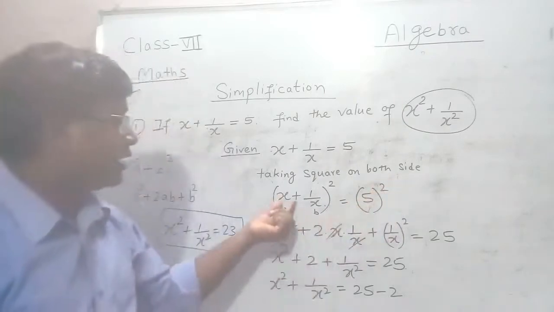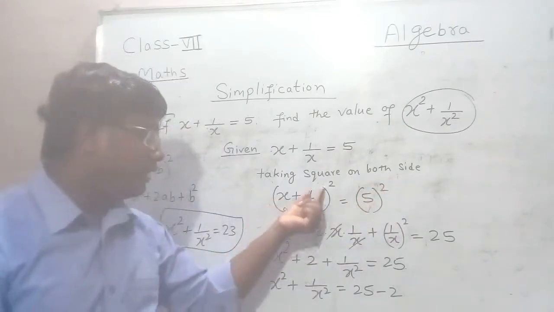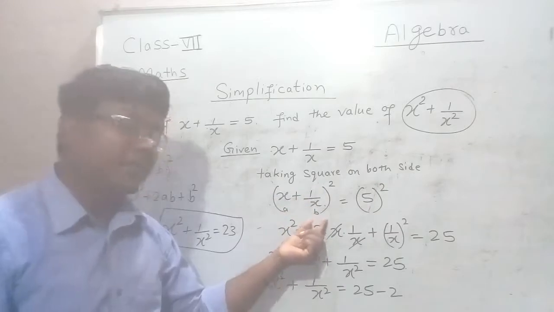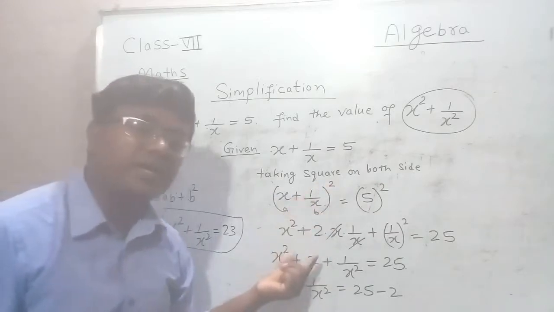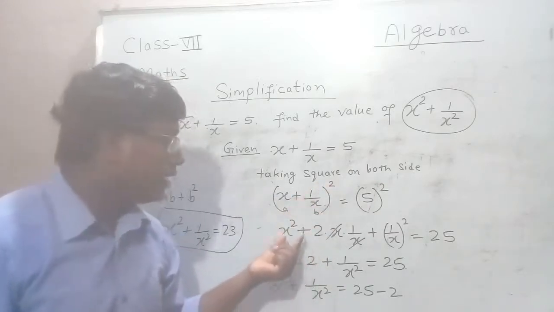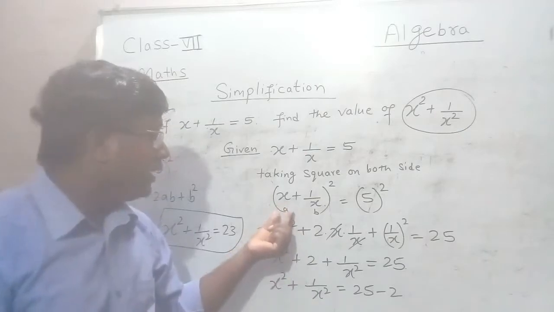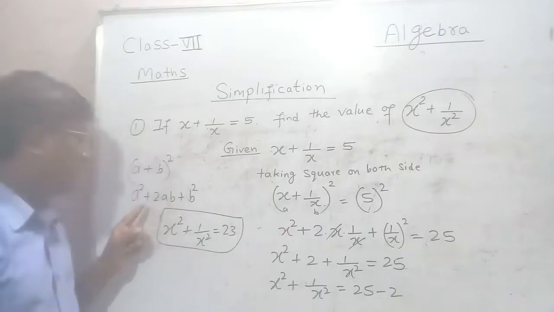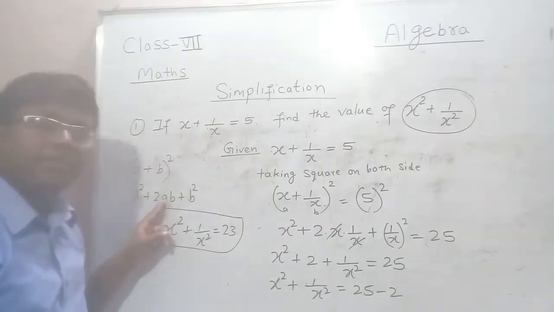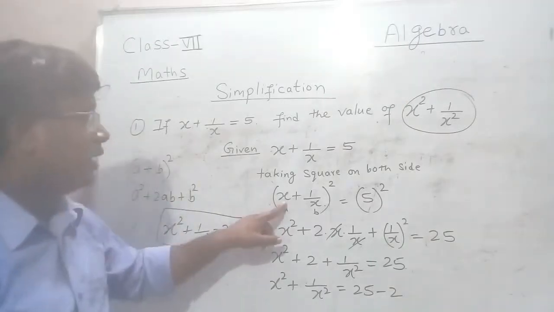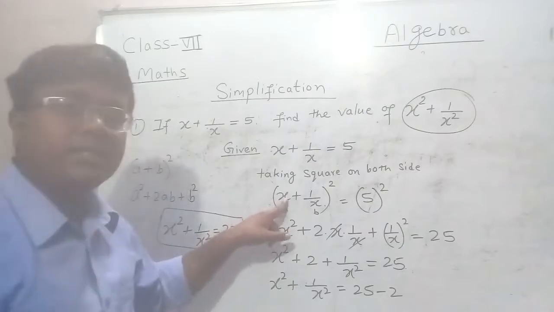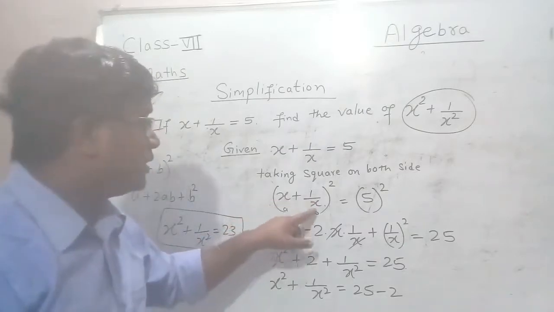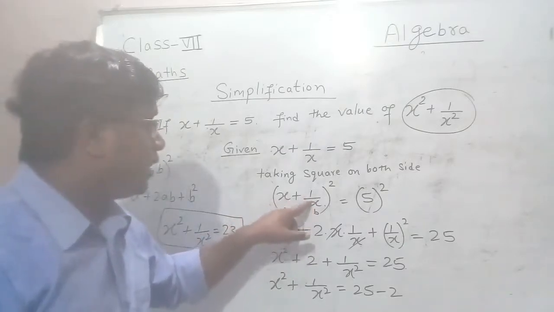Here x will act as a and 1 upon x will act as b, because we are going to use a plus b whole square. We use the formula a square plus 2ab plus b square. In place of a there is x and in place of b there is 1 upon x.